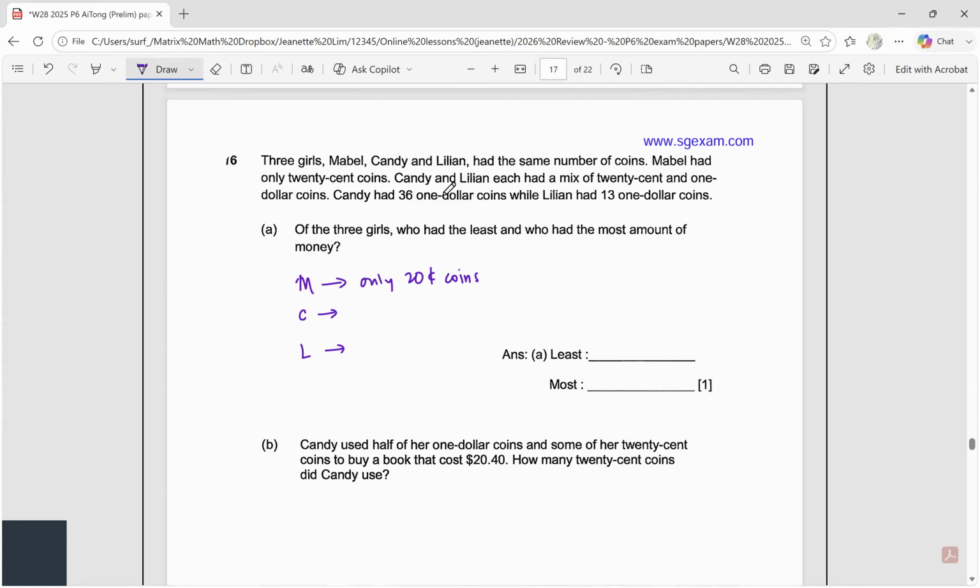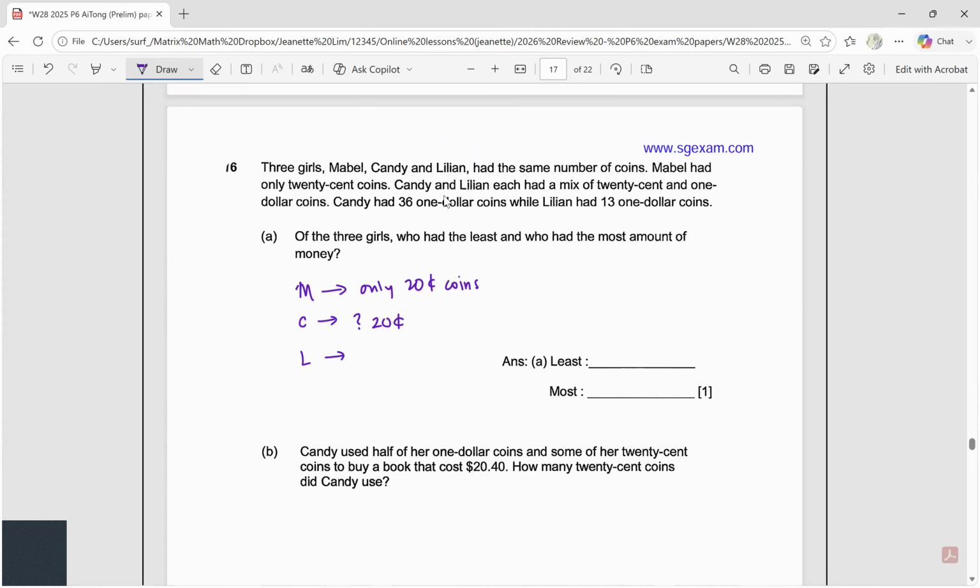Candy has 36 $1 coins. Okay, so don't know how many 20-cent coins, plus 36 $1 coins. Lillian, don't know how many 20-cent coins, plus 13 $1 coins.